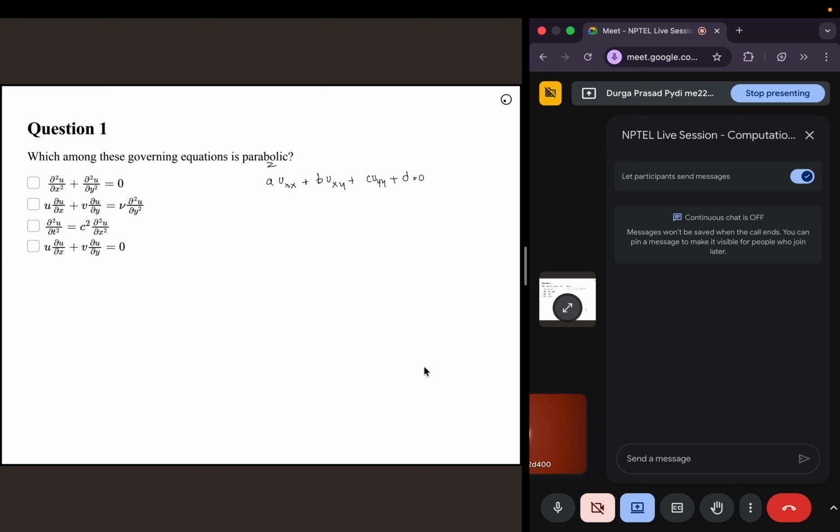When we have a PDE of this particular form, we have to calculate the discriminant, and depending on whether it is greater than, less than, or equal to 0, you identify which type of PDE it is. And for parabolic, we need that to be equal to 0.